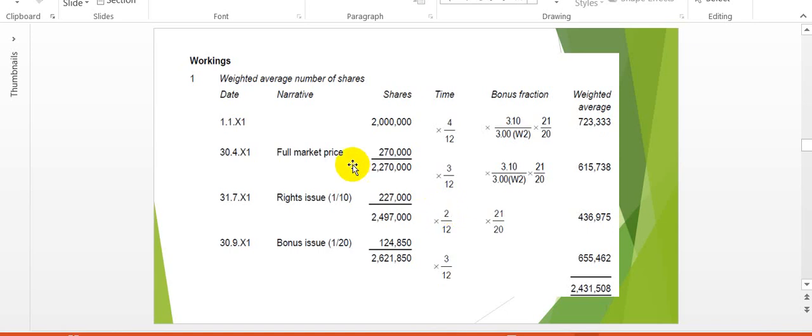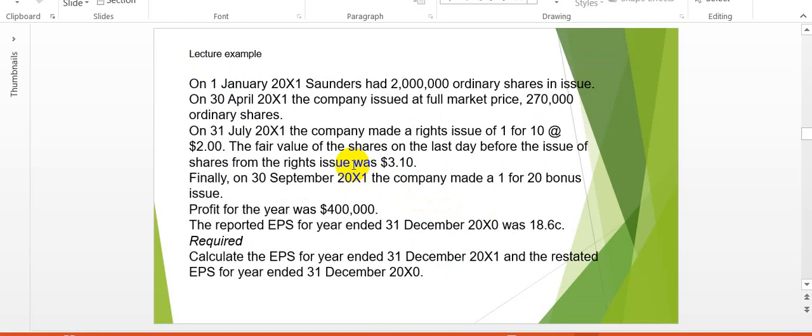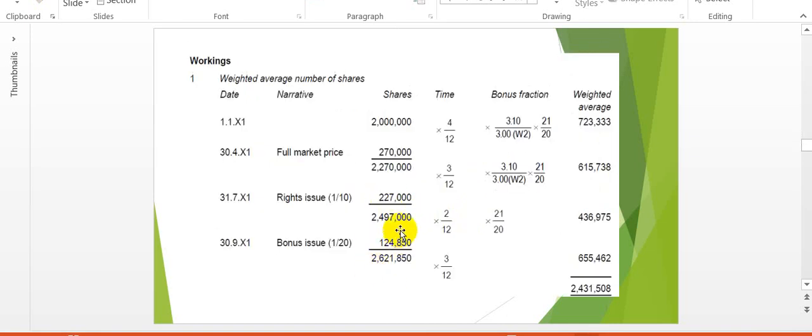Then we move to the bonus issue. The bonus issue was 1/20. How many shares do we have? We have 2,497,000. Divide this by 20, you get 124,850 shares.